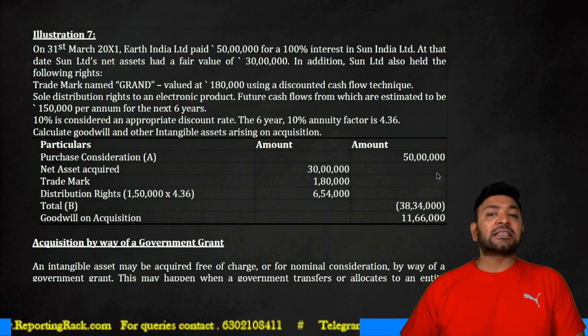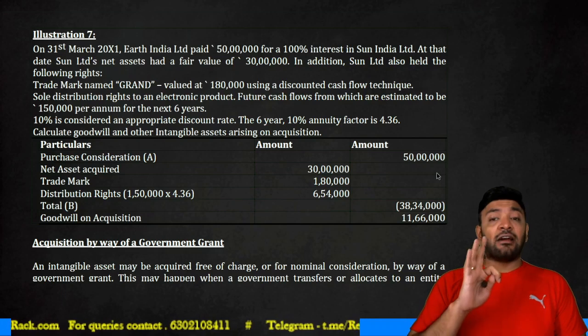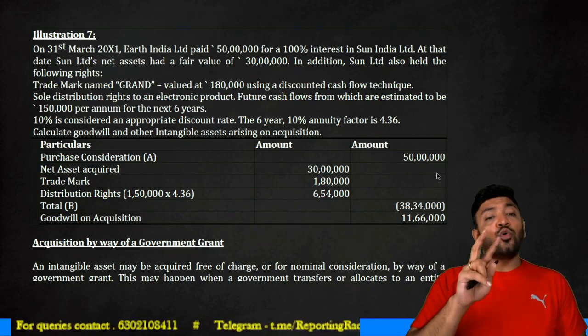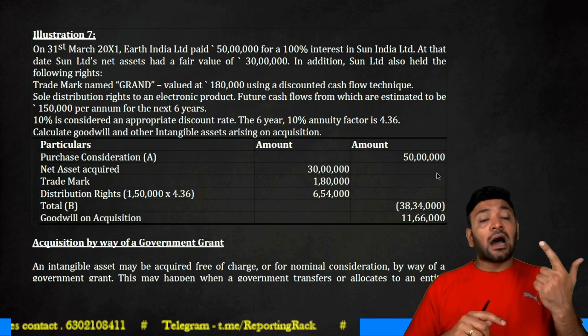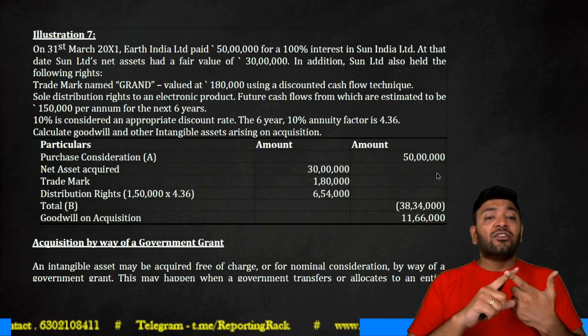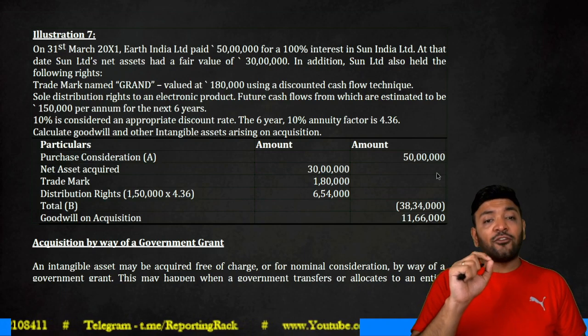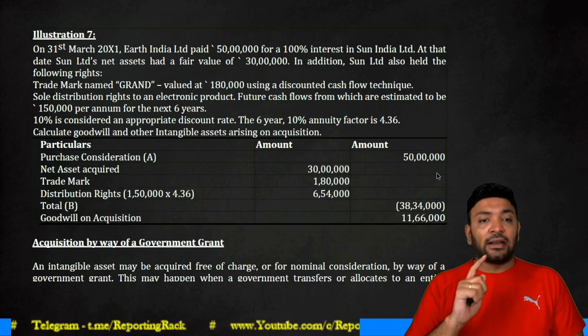He's saying the purchase consideration paid is 50 lakhs. 30 lakhs belong to the fair value of the net assets. In addition to that, there are two intangible assets. One is a trademark valued at 1,80,000. The other one is sole distribution rights, which should be valued, and the cash flows generated are 1,50,000 every year for the next 6 years, and the annuity factor is 4.36.